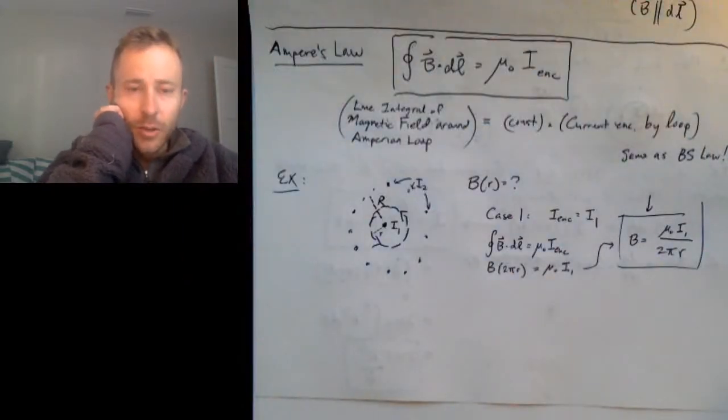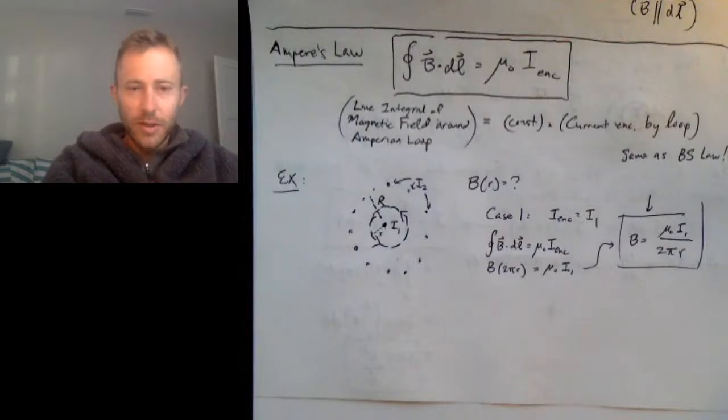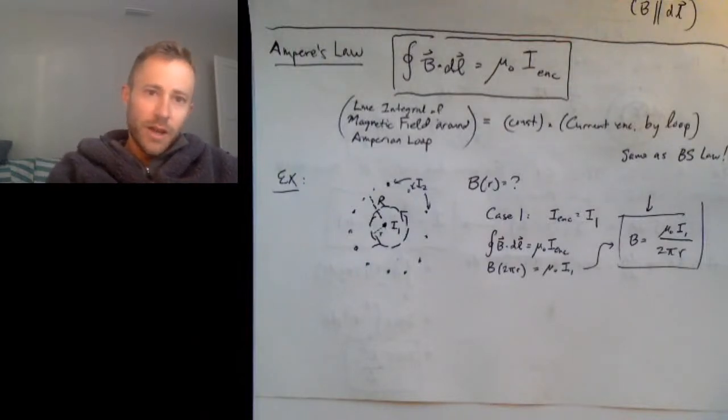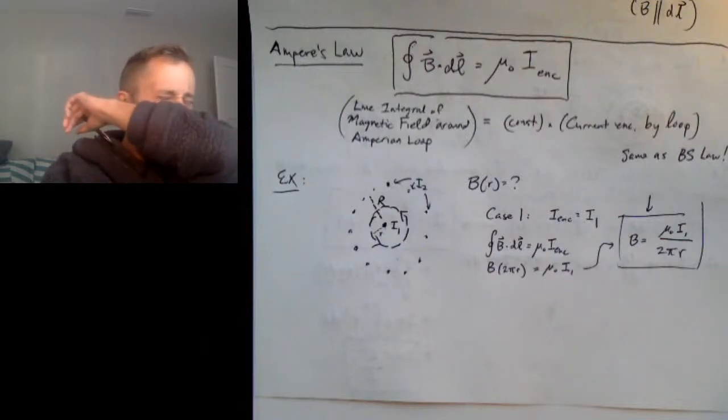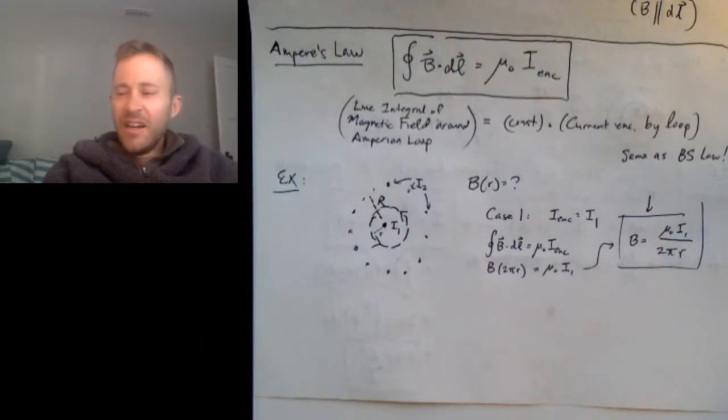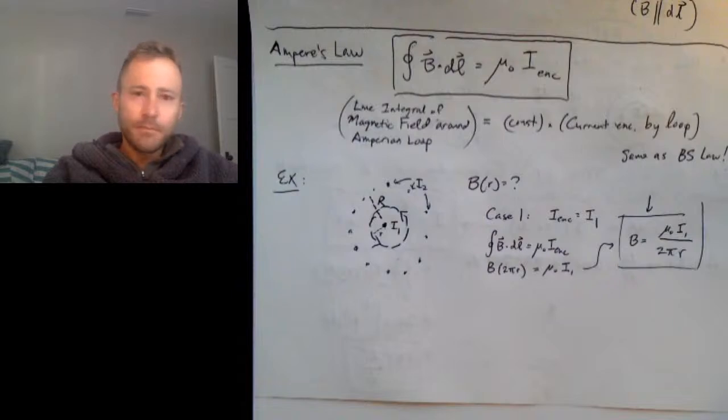Okay, so you might recall that I'm trying to make sort of an analogy with electric fields. Okay, so with electric fields, we started out by doing Coulomb's law, which required integration. And then we went to Gauss's law, and it allowed us to get the electric field in certain symmetrical situations very easily.